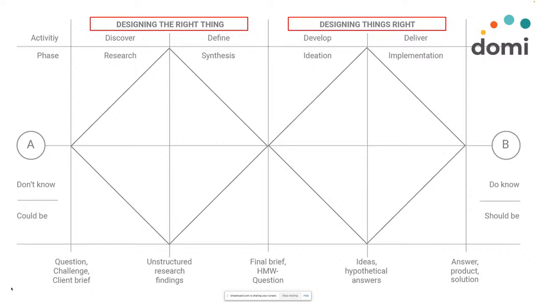And then on the right is the answer, designing the thing right. And both of those have this process of expanding, looking at alternatives, other ideas, new ideas, coming to, I don't know, a critical mass of what you think you need to have in mind. And then you begin to refine down to a point in the middle.